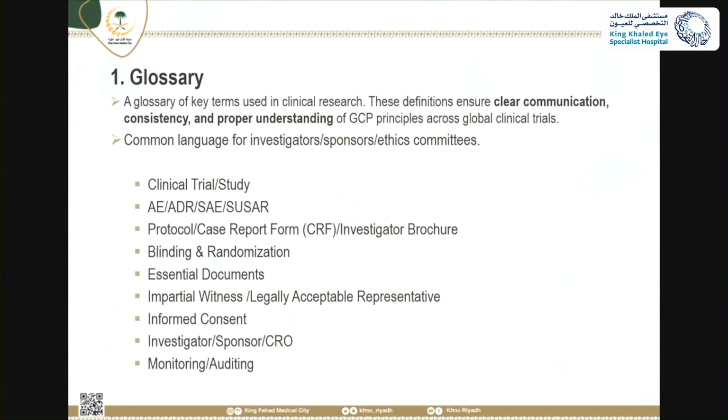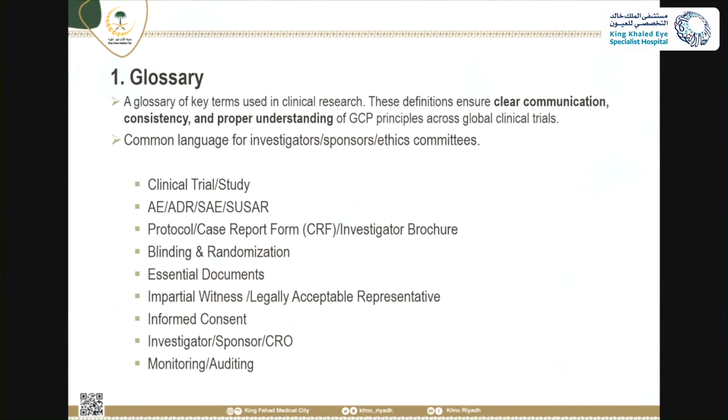Also, we need to know what legally acceptable representative means, within the applicable regulatory requirements in your country. Law is different between countries. We are working here according to Sharia law, where we have a defined legal guardian for any person.